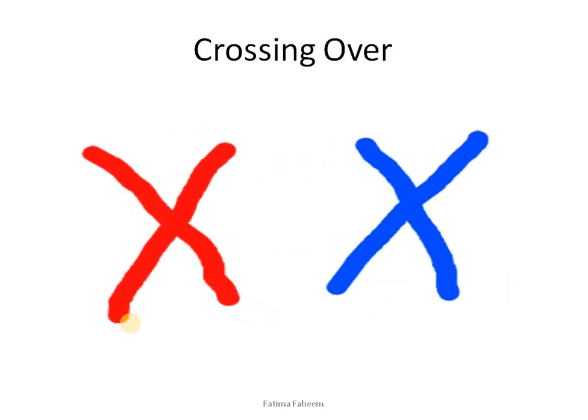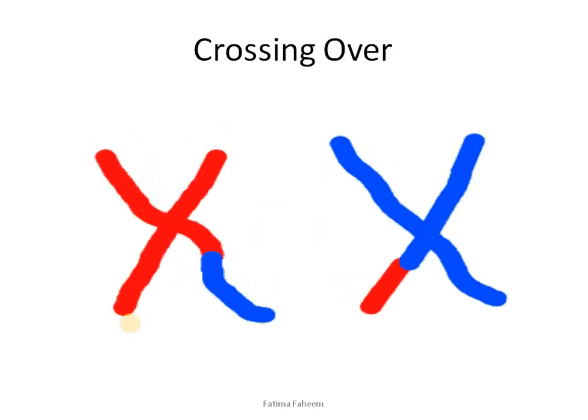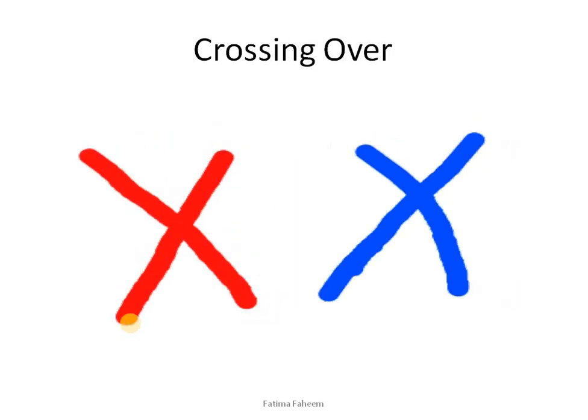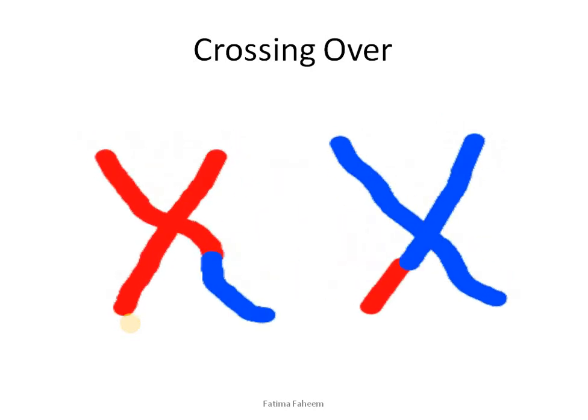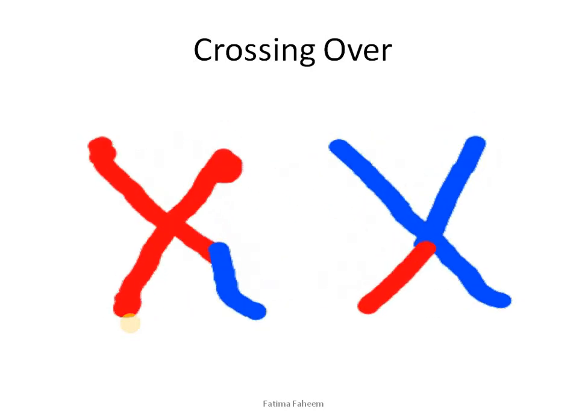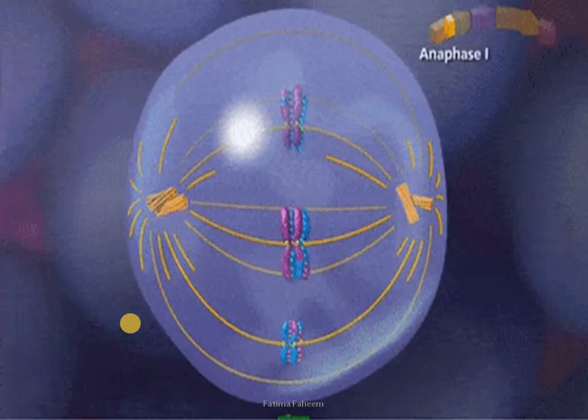So the crossing over in meiosis helps to have genetic variation in the next generation. The daughter cells' genetic material won't be similar to that of the parents, because they have gone through crossing over, which does not happen in mitosis.